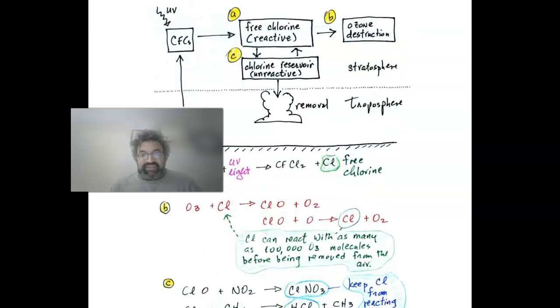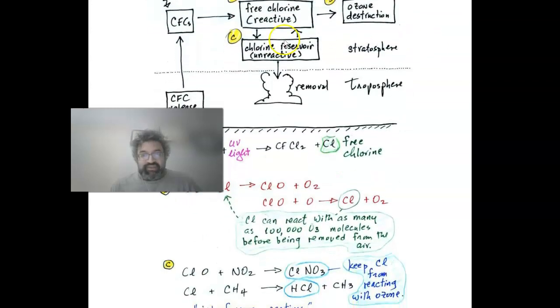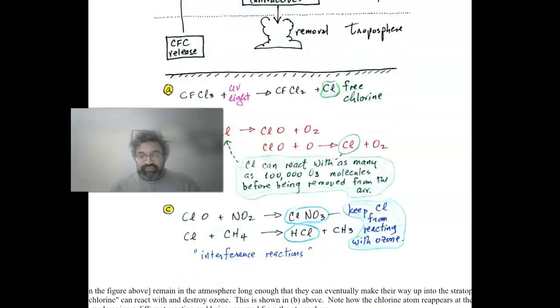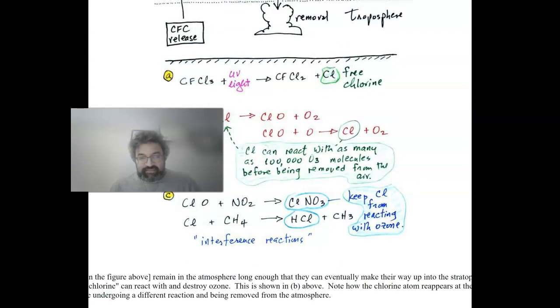So now let's look at C, what's going on. Free chlorine, reactive, is going into chlorine reservoir, unreactive. So what's going on here? So ClO plus NO2 yields chlorine nitrate. So again, this keeps chlorine from reacting with ozone, so it's occupied.